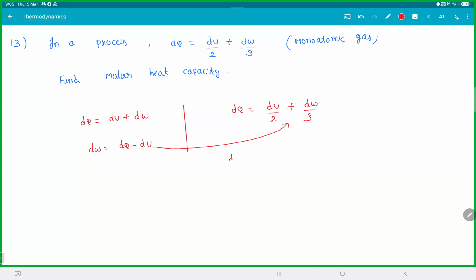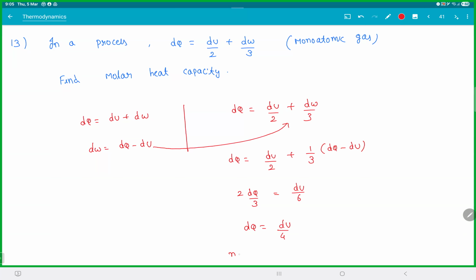So this will be dQ equals dU by 2, plus 1/3 of (dQ minus dU). Bring all dQ's to one side: 2 dQ by 3 equals dU by 6. Then we get dQ is equal to dU by 4.